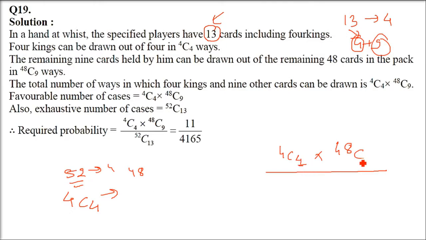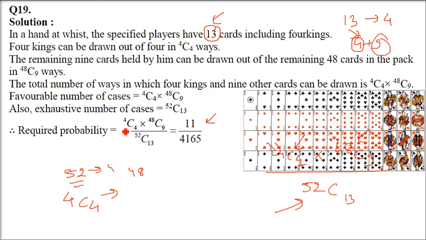So these are the favorable cases. Now coming to the total number of cases, because 52 cards are there and 13 is with him, 52C13. This is the total number of possibilities. Okay, 4C4 for the 4 kings, other 9 cards from 48C9. This is the answer.